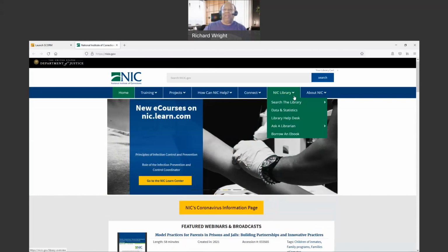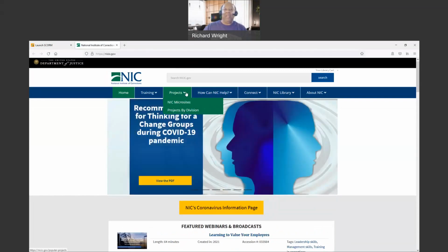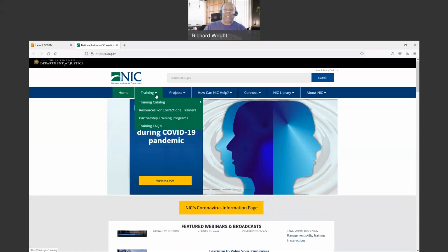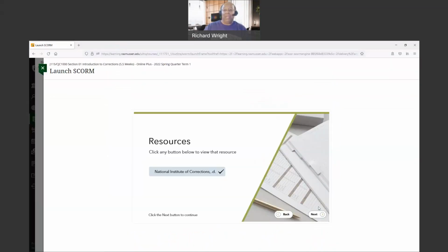There's a library. There's events that you can take a look at, various projects, training, which lists classes and things of that nature.